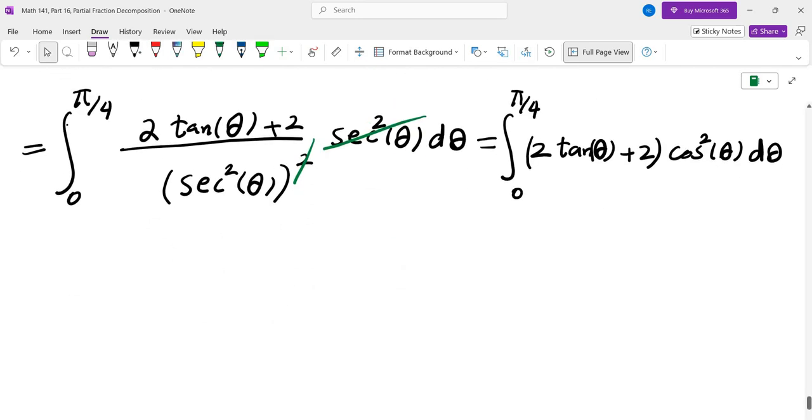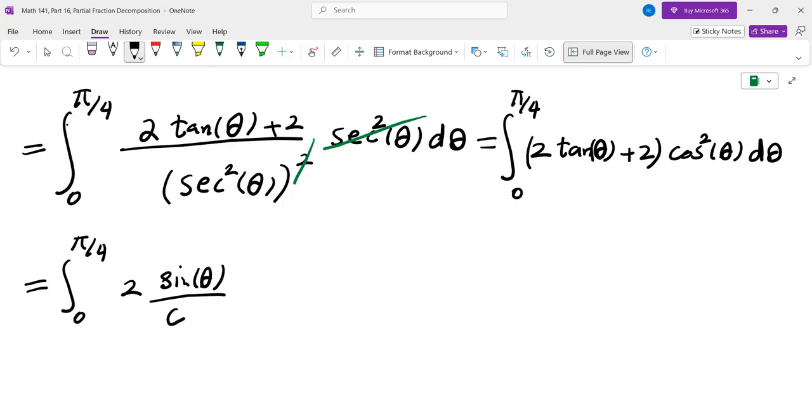We are going to distribute to see what we get. So we get integral from 0 to pi over 4. We get 2 tangent is sine of theta over cosine of theta. When you multiply by cosine squared of theta, one of the cosines cancels. So we get this expression.